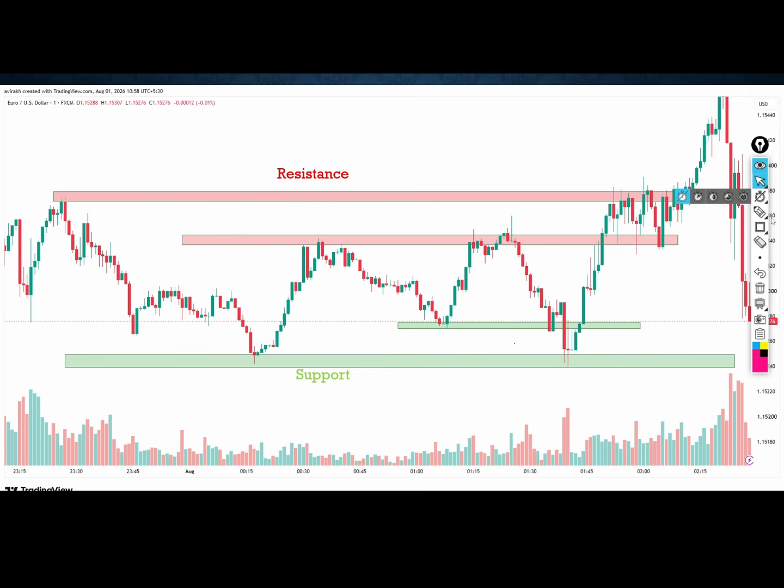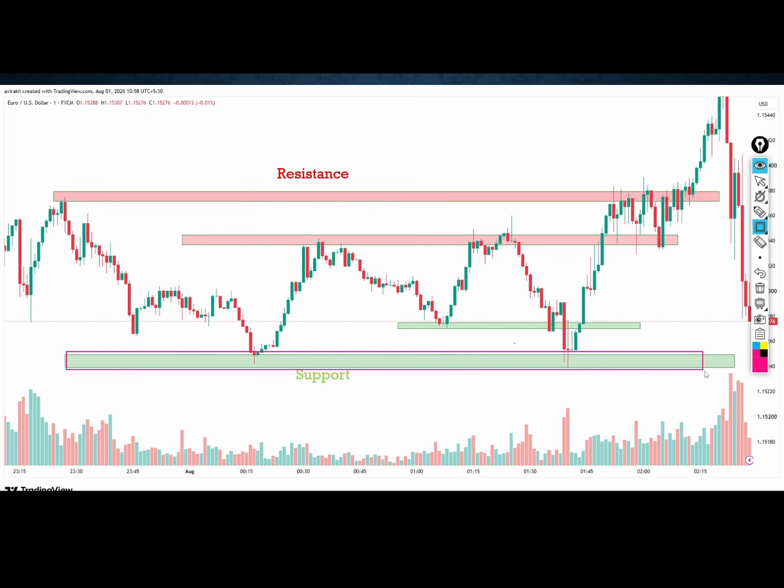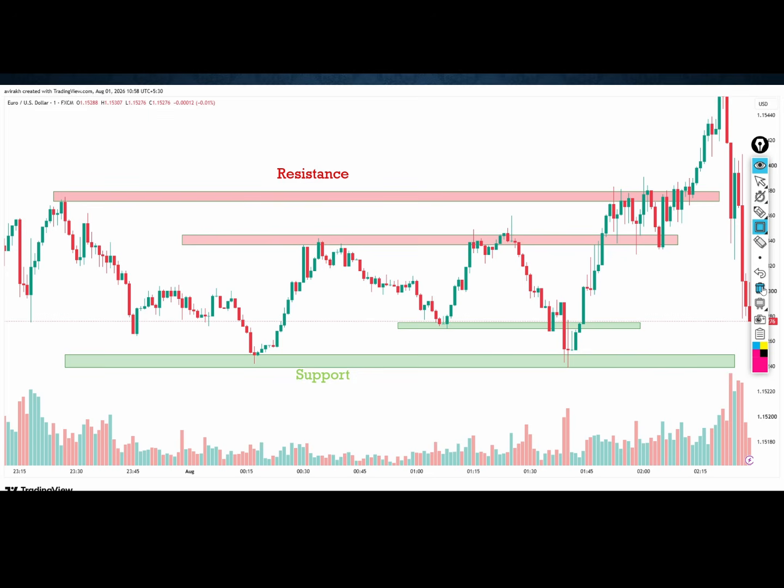Remember, support and resistance are not just lines. These are areas. We call them areas or zones. Price often reacts around these zones. Now here, if you look at this, from this level price fell to this level.